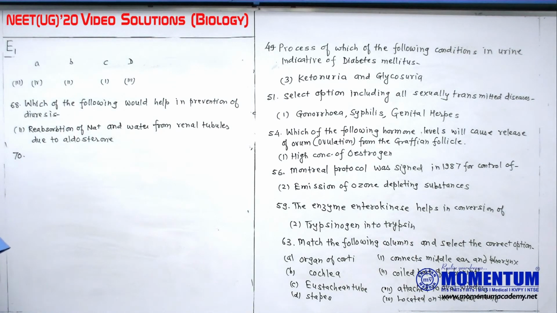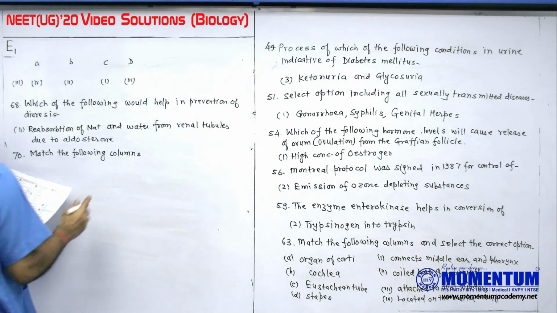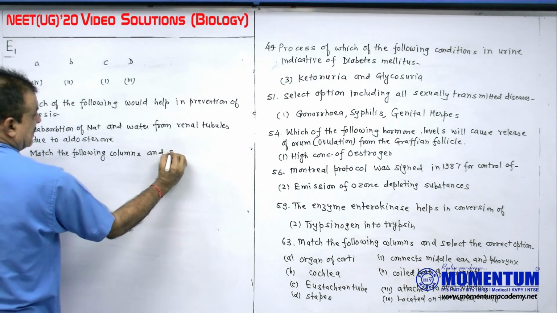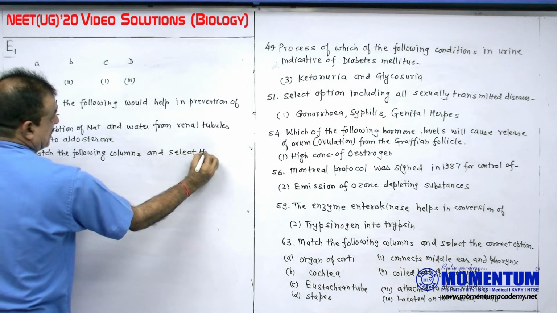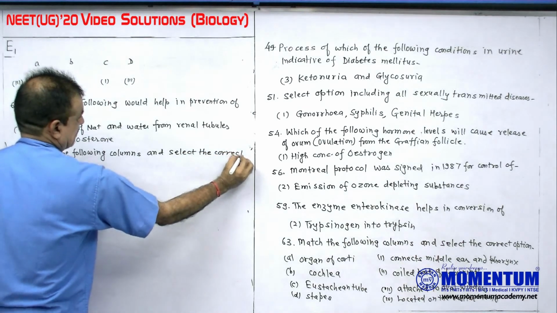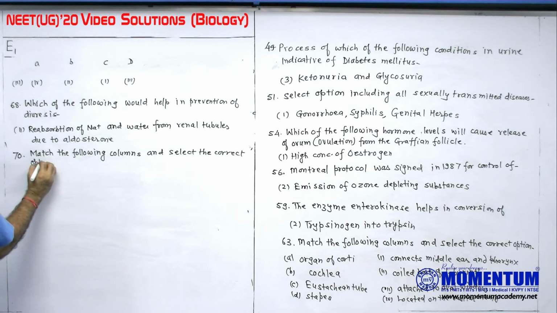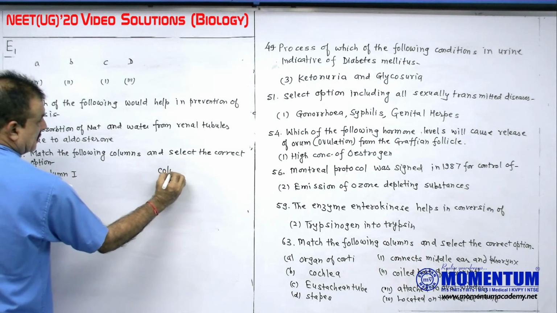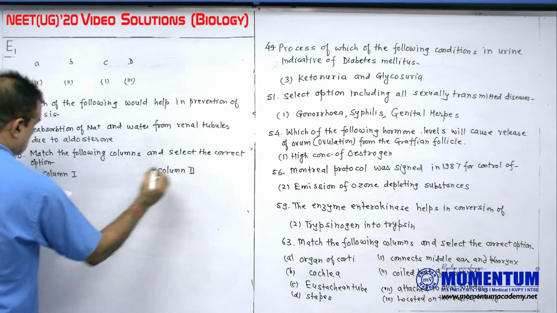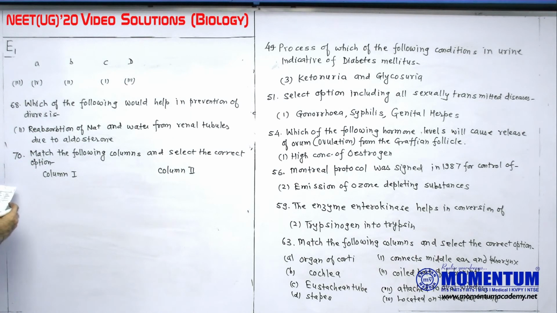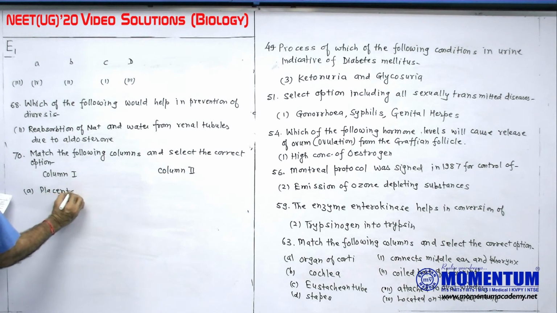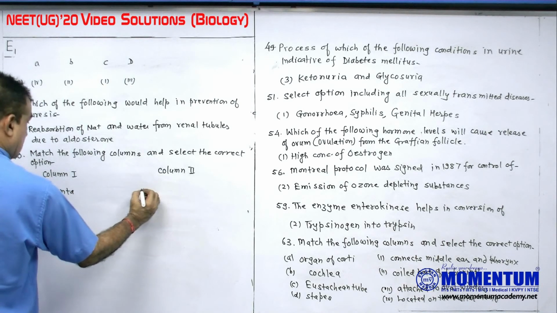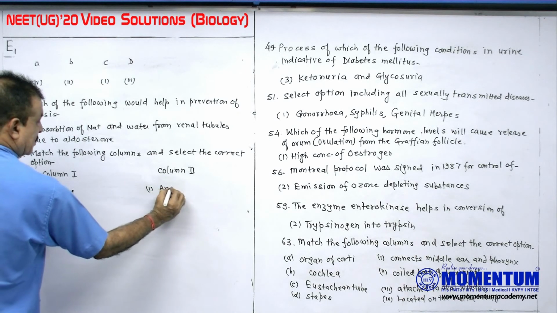Then question number 70. Match the following columns and select the correct option. Column 1, column 2. A, placenta, in front of it androgens.